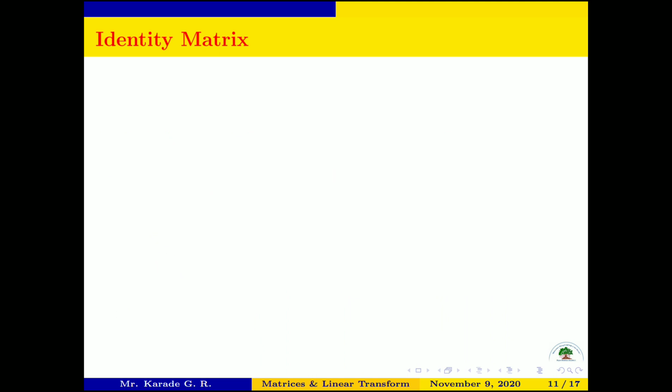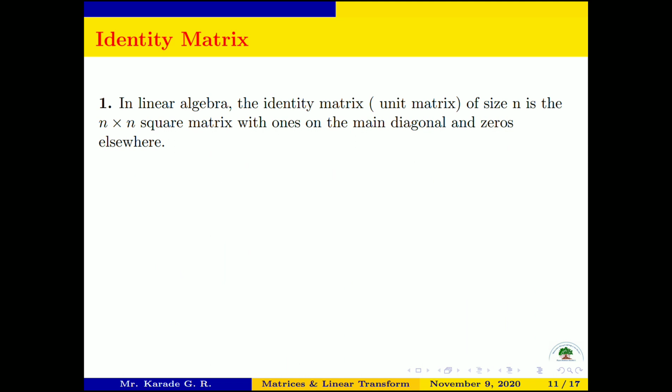Now we define what is meant by identity matrix. In linear algebra, the identity matrix, also called the unit matrix, of size n is the n cross n square matrix with ones on the main diagonal and zeros elsewhere.